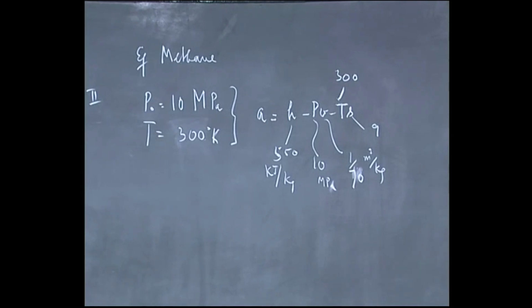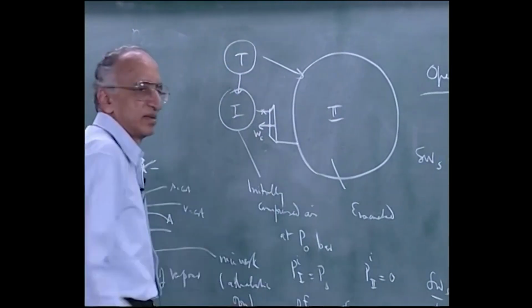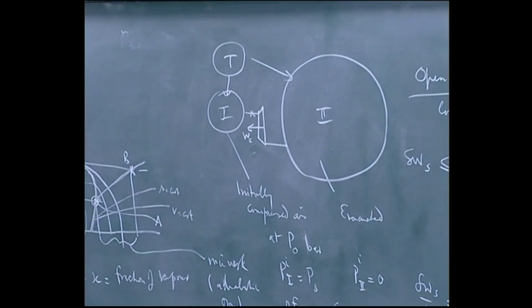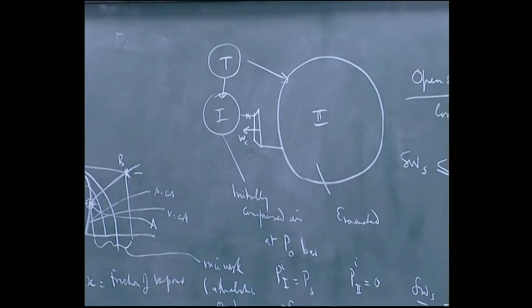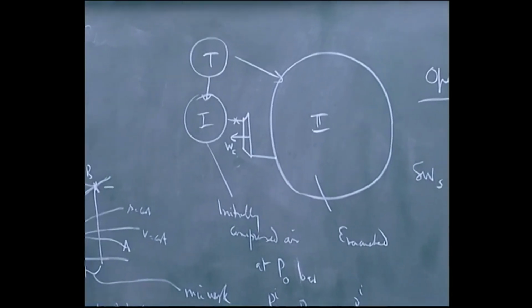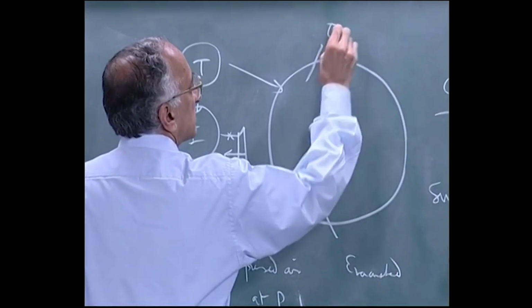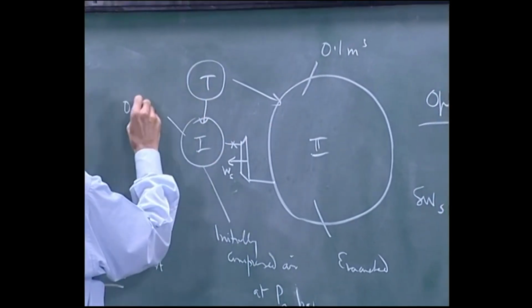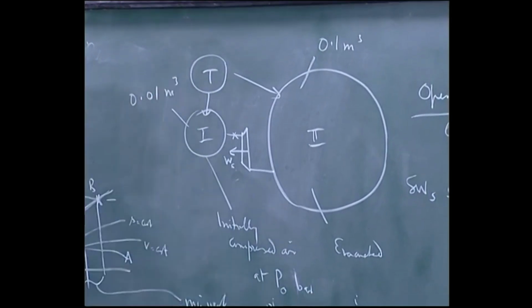So that is your initial value, and you have to know the volume as well, I mean the mass. The mass is simply the total volume times density. What do you think you can carry on your back? What kind of volumes can you carry? 1 meter cube will be too big. So let us say the larger one will be about 0.1 meter cube, this is about 0.01 meter cube.